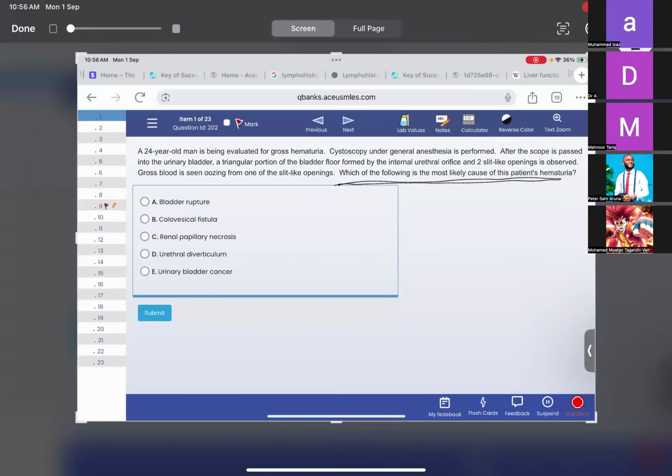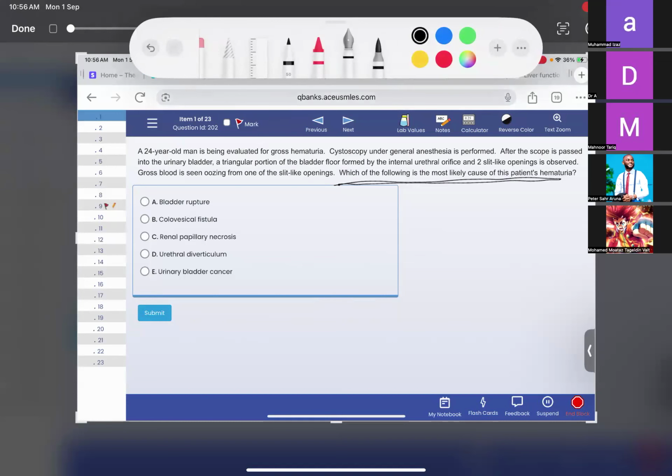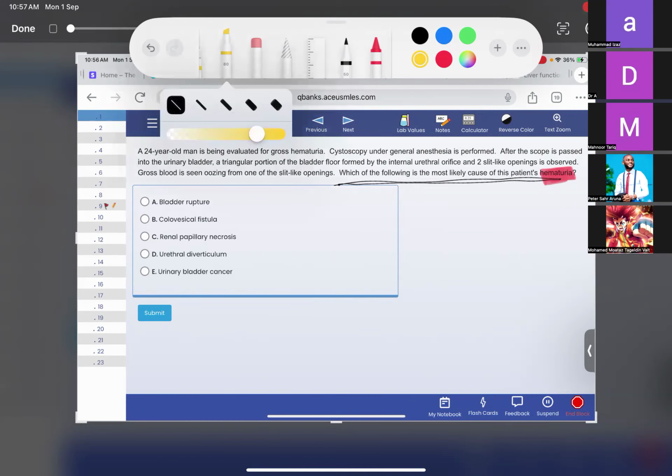Which of the following is the most likely cause of this patient's hematuria? A 24-year-old man is being evaluated for gross hematuria. Cystoscopy under general anesthesia is performed. After the scope is passed into the urinary bladder, a triangular portion of the bladder floor formed by the internal urethral orifice and two slit-like openings is observed.